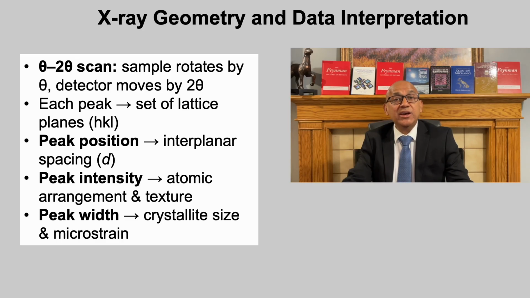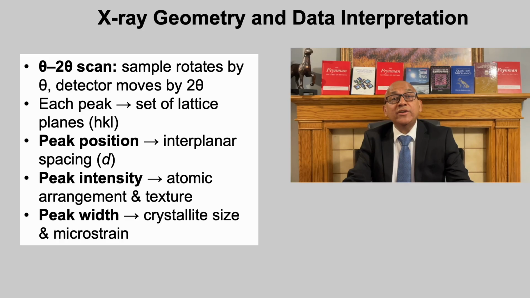Each diffraction peak corresponds to a distinct set of lattice planes identified by their Miller indices H, K, L. The peak position tells us the interplanar spacing via Bragg's law, and from those spacings we can deduce the lattice parameter and even identify the crystal structure, whether it is cubic, hexagonal, or tetragonal.